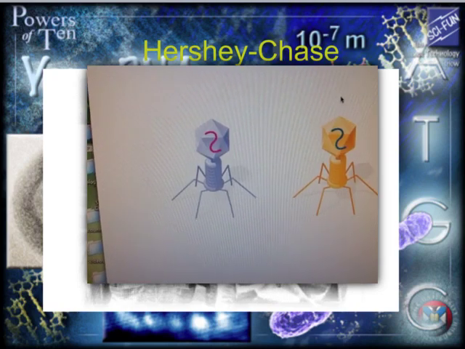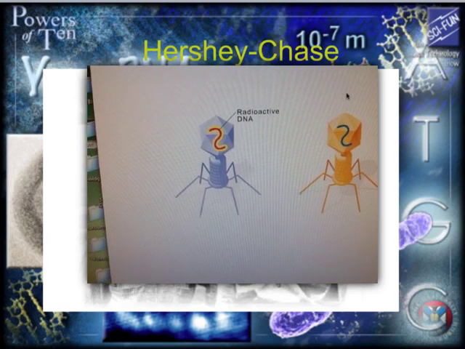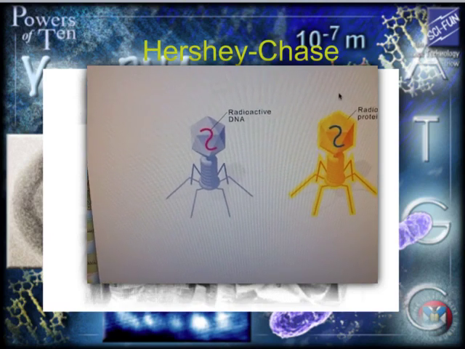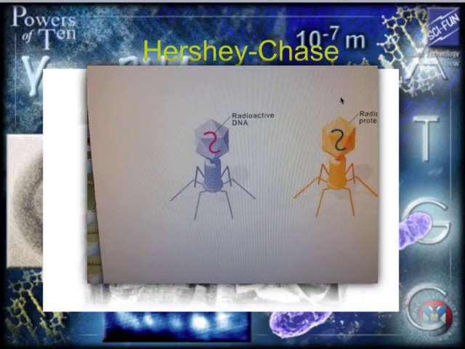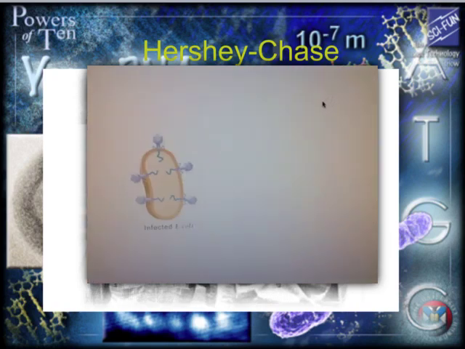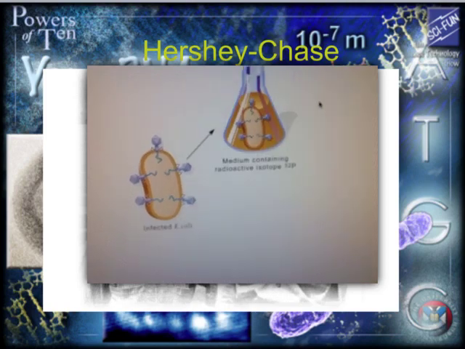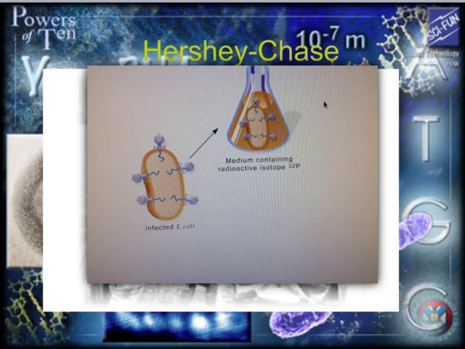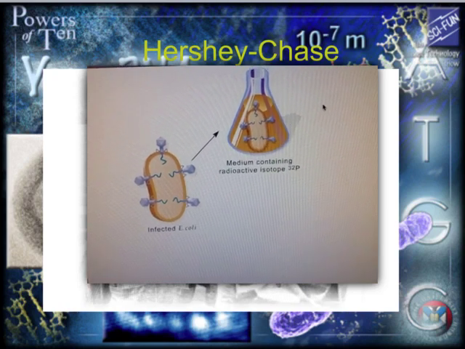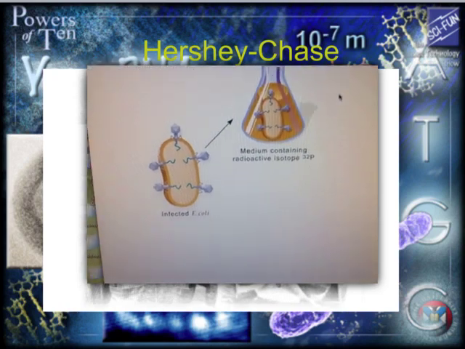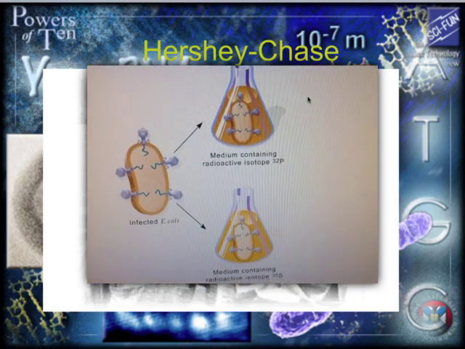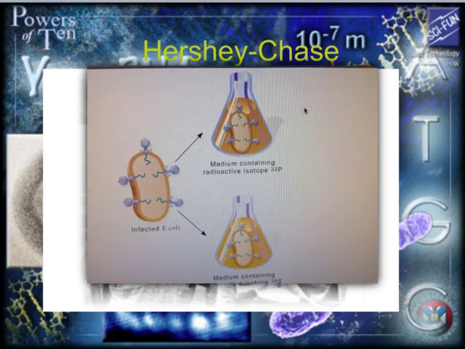For their experiment, the scientists prepared T2 phages that either had radioactive DNA or radioactive proteins. To make the components radioactive, Hershey and Chase infected E. coli with T2 and grew the bacterial cells in two different culture media, one containing the radioactive isotope phosphorus-32 and the other containing the radioactive isotope sulfur-35.